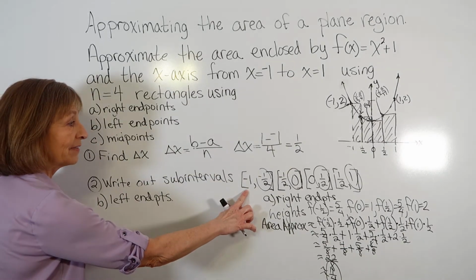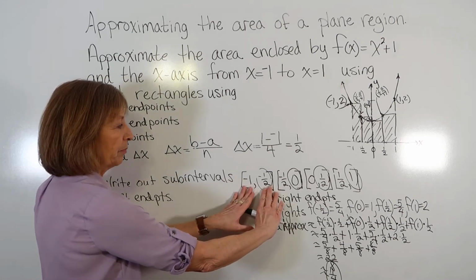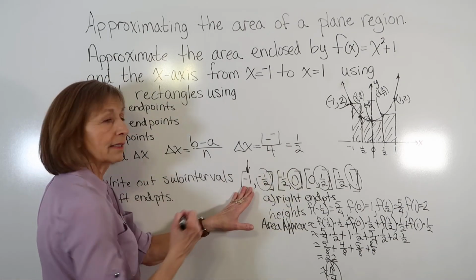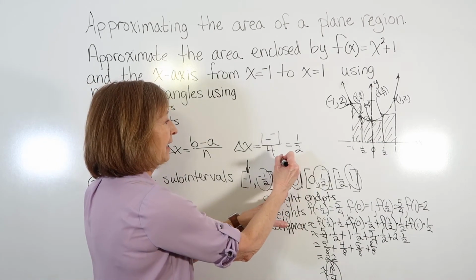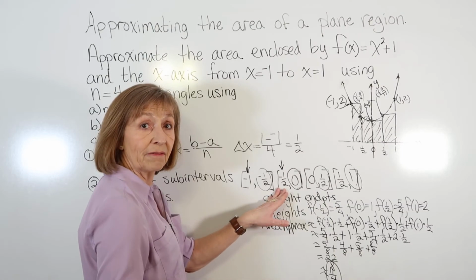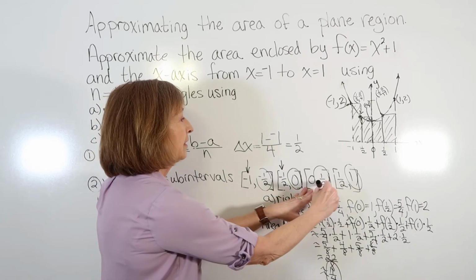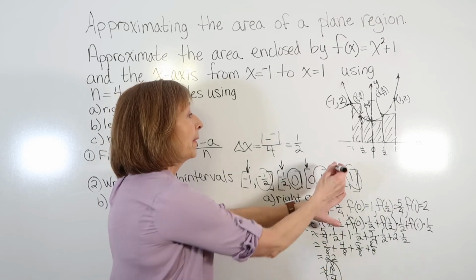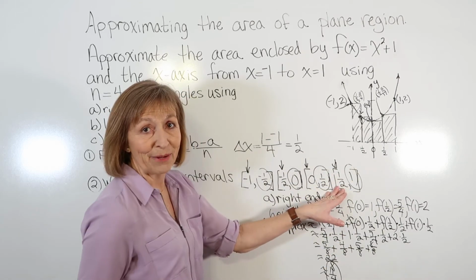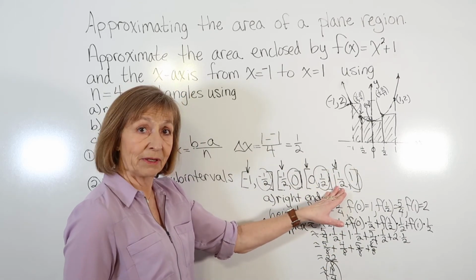Well, with the left endpoints, here's your first subinterval. This is the left endpoint of the first subinterval. And then I have my -1/2 as the left endpoint of the second subinterval. 0 is the left endpoint of the third subinterval, and 1/2 is the left endpoint of the fourth subinterval.